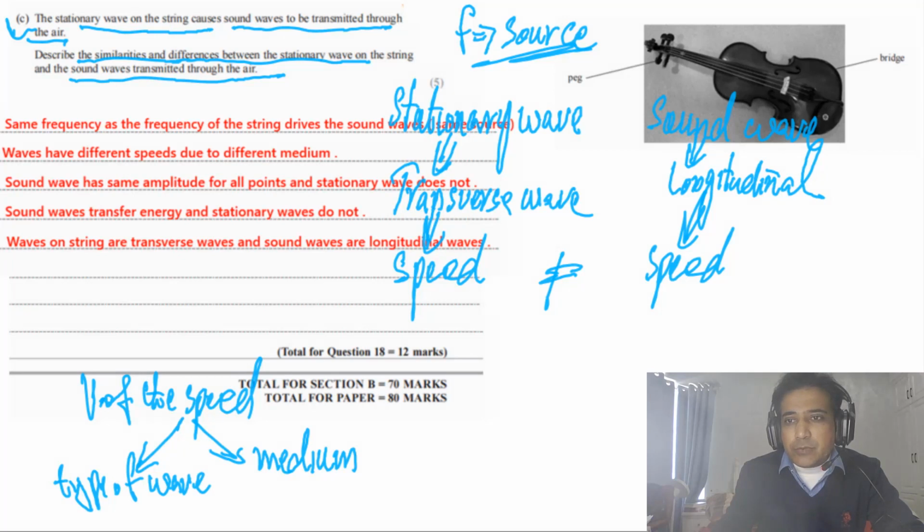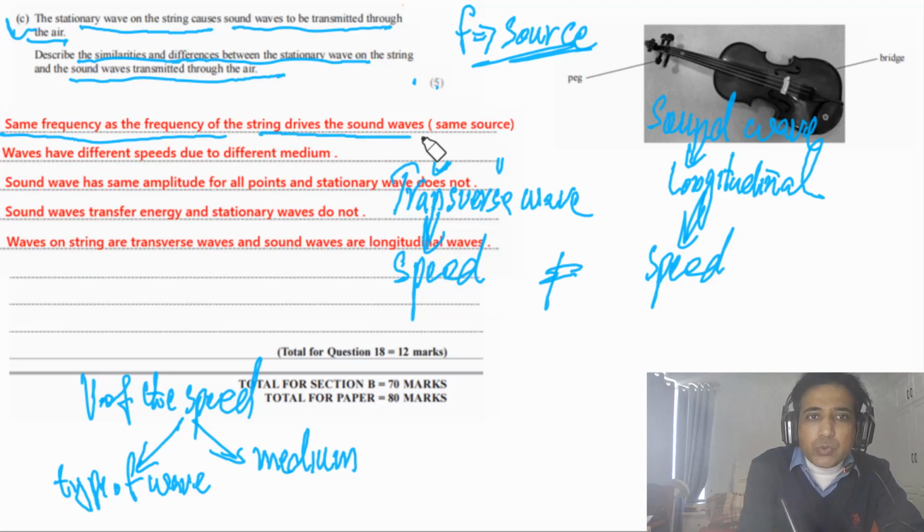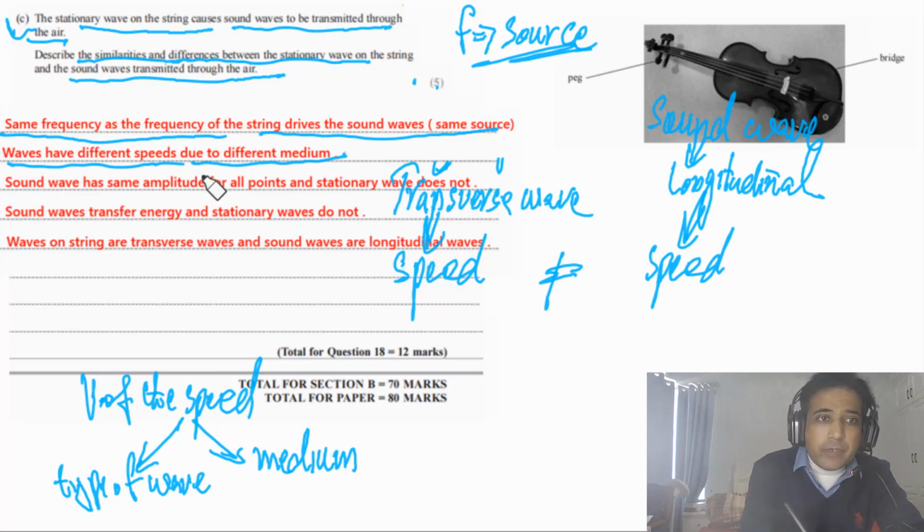In our answer, we can mention these points. Let me clear this so it's easy to see. Similarity: the same frequency, because the source is the same. The waves have different speeds because they are traveling in different media and are different types of waves. Sound waves have the same amplitude for all points; stationary waves do not.